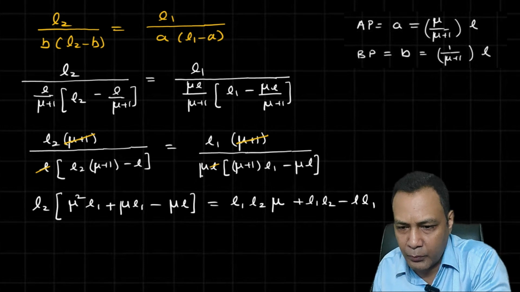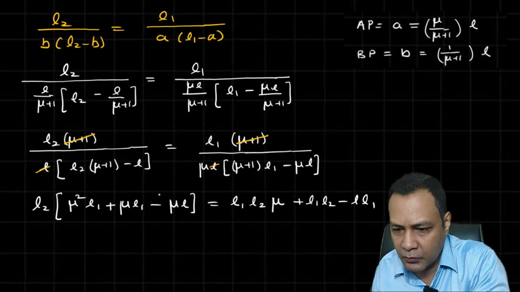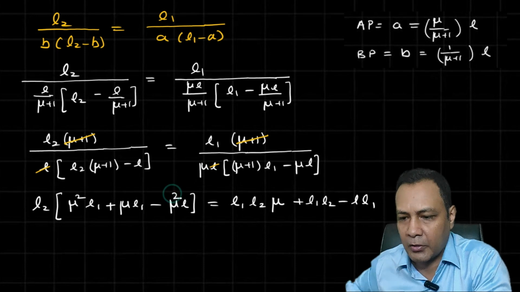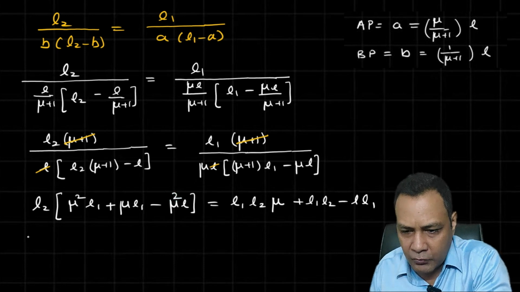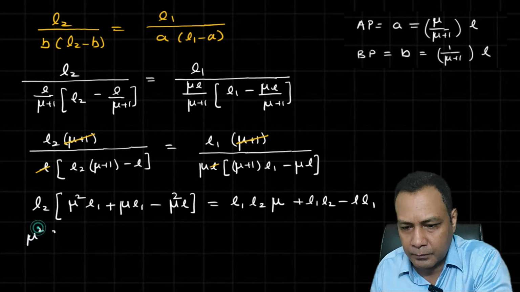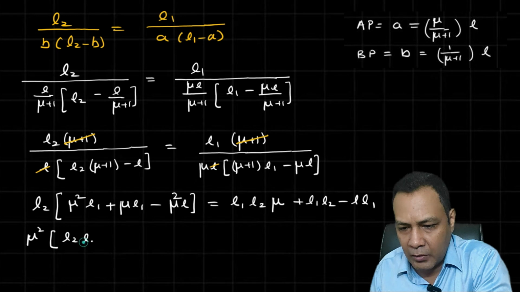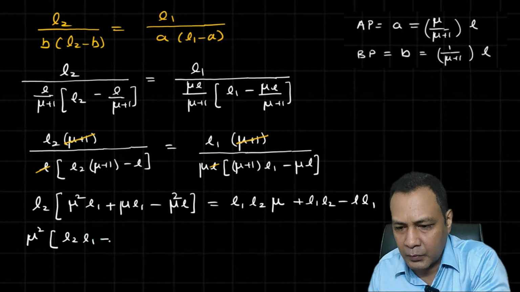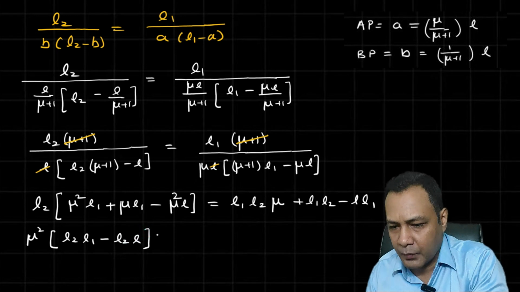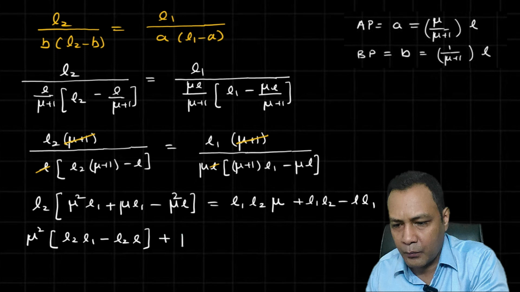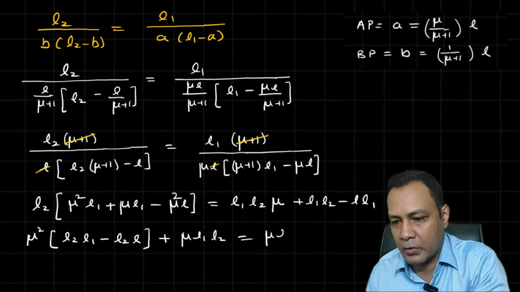There is mu here and this was mu square L. So taking mu square common, L2 L1 minus L2 L, and one term will be mu L1 L2, and here it is also mu L1 L2.